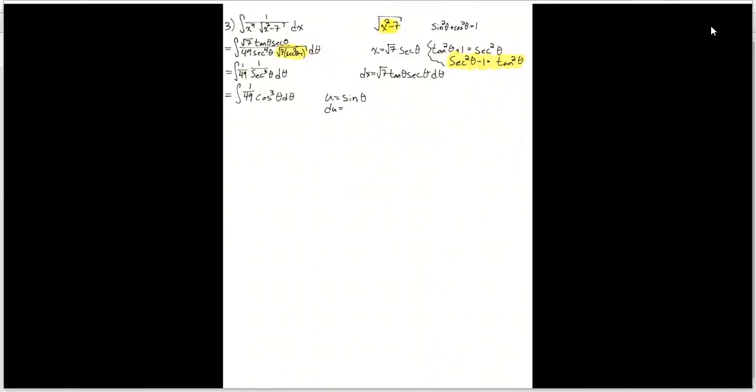We're going to apply the logic of the last page. So we're going to have a cosine theta d theta. We're going to just keep that off to the side for a second. Now we're going to rewrite this integral as 1 over 49, and then we're going to take out one of the cosine squareds, and we know that that's equal to 1 minus sine squared theta. And we're going to have a leftover cosine theta.